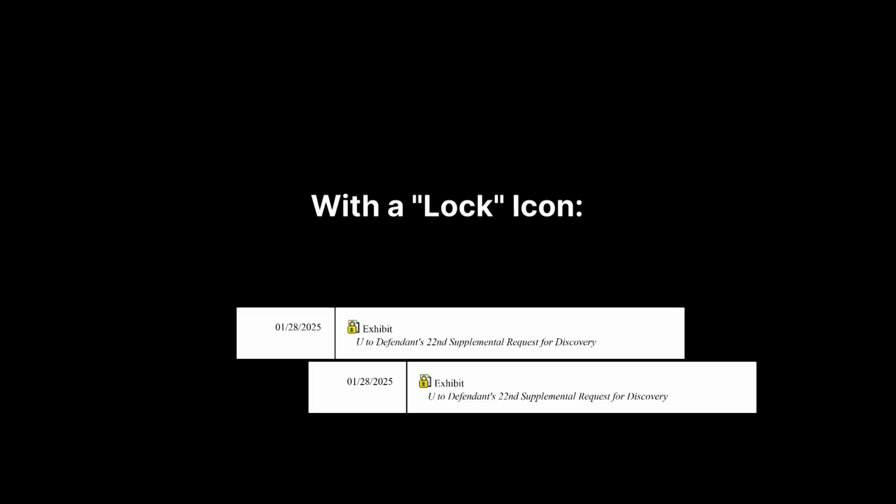The way that you can tell documents are sealed is if you see the little lock and key device just under this order unsealing stipulated motion for sealed protective order and sealed protective order itself.